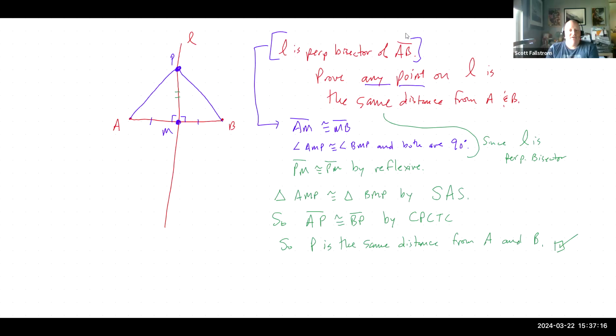Now notice P, we picked any point. We could have picked any point, it doesn't matter which point you pick, as long as it's a point on line L and as long as it's not the midpoint itself, because we need to make a triangle. This exact argument will work just fine.